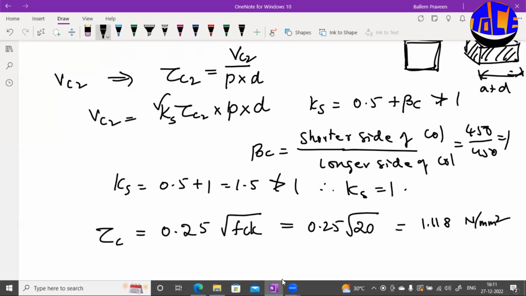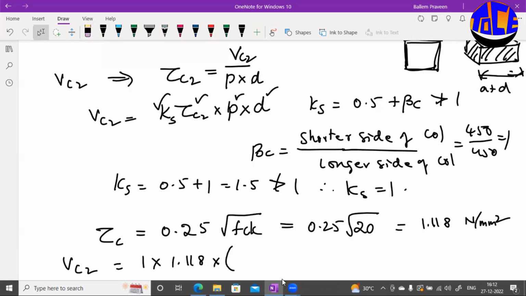Okay, and what else do we need? We got this value, and you know the perimeter and D value. So let us substitute these values to find VC2. VC2 is equal to Ks is 1 into 1.118 into the perimeter.